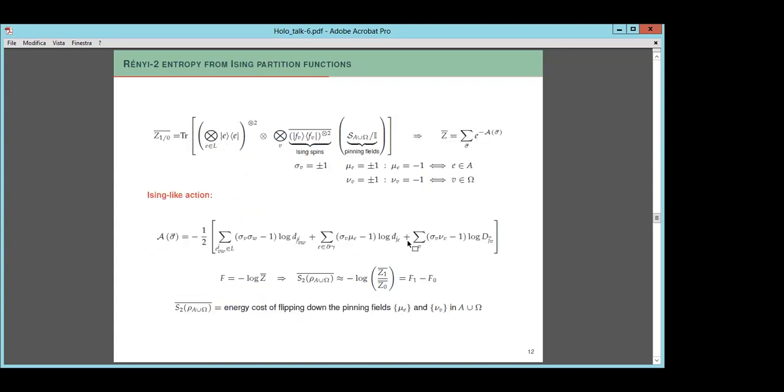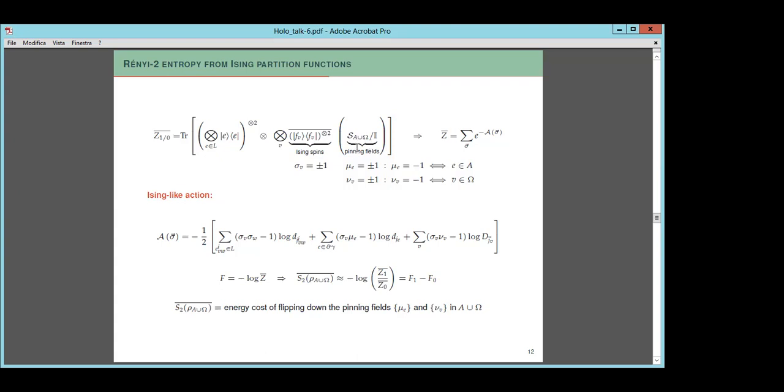And here is how this calculation translates to an Ising model. So here I just give you the general idea, not the details. The idea is that from the average over the vertex wave functions, some Ising spins arise, one for each vertex, that can take values plus or minus 1.